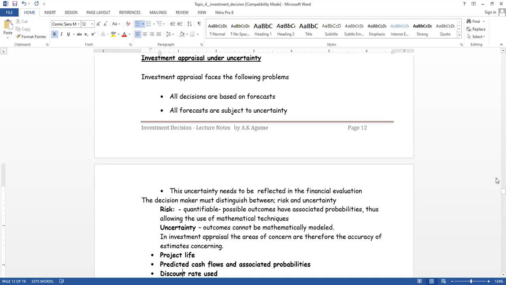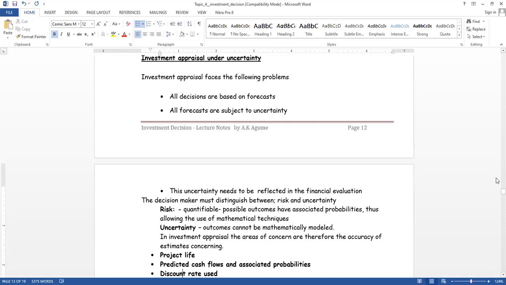Because with risk, you can quantify it. You can measure, you can assess. In other words, you can attach associated probabilities, and you use some mathematical models or techniques to measure that and be able to put in place measures to mitigate the risk.